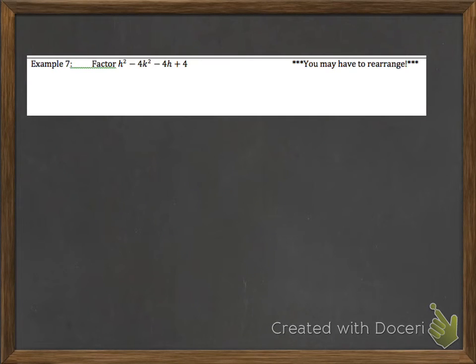All right, then we're taking a look at example 7. And in example 7, we do need to rearrange in order to get our perfect square trinomial. We need to look at those terms and what would give us a perfect square trinomial, and that's h squared minus 4h. Make sure I'm taking that subtraction along with the 4h, plus 4, and then minus 4k squared.